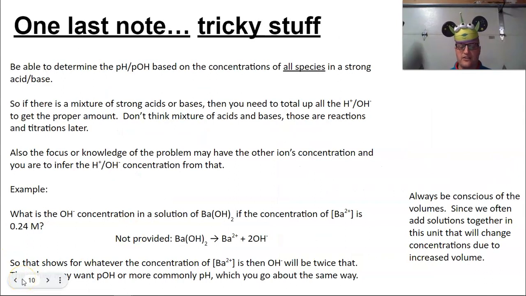So now we start getting into the reason why this unit is quite tricky. You want to be able to determine these based upon the concentration of all species in a strong acid or base.